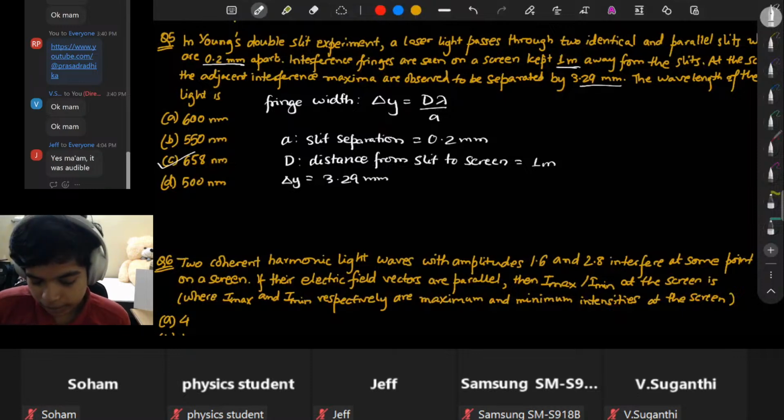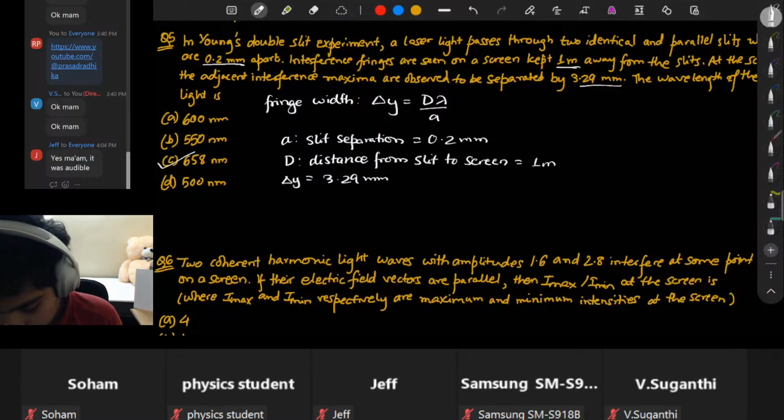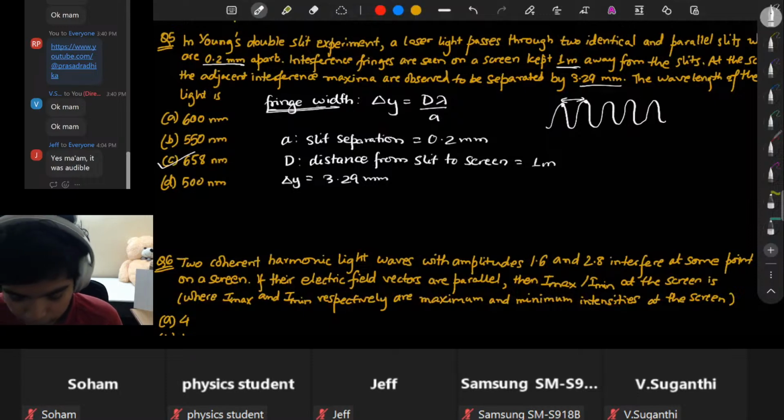Why? Because fringe width is what? Separation between two adjacent maxima or separation between two adjacent minima. That's the fringe width. So you have two successive maxima points. The distance between those two successive maxima points is the fringe width. So if I draw the fringes over here, if these are the fringes, then this distance is your fringe width. And this we are given is nothing but 3.29 mm.